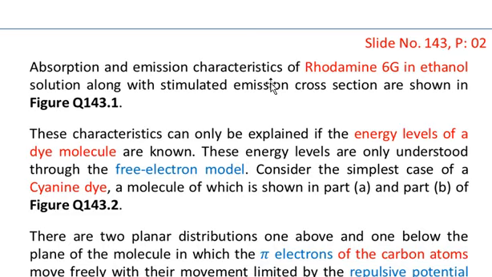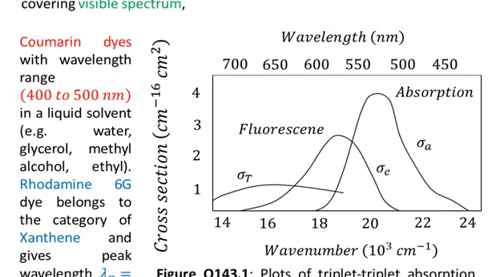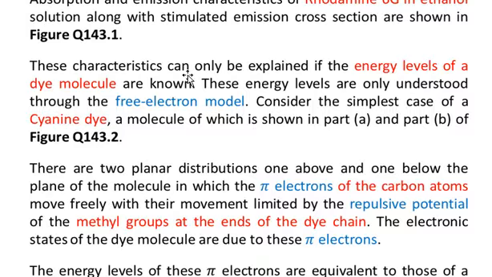Absorption and emission characteristics of rhodamine 6G in ethanol solution, along with the stimulated emission cross section, are shown in figure number 1, which I have shown you over here. The characteristics can only be explained if the energy levels of a dye molecule are shown.